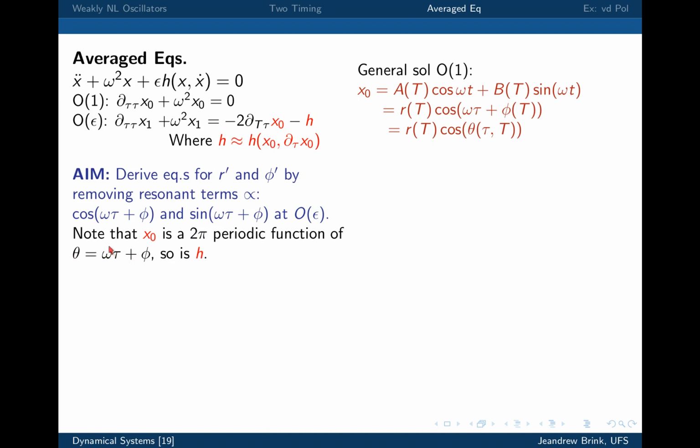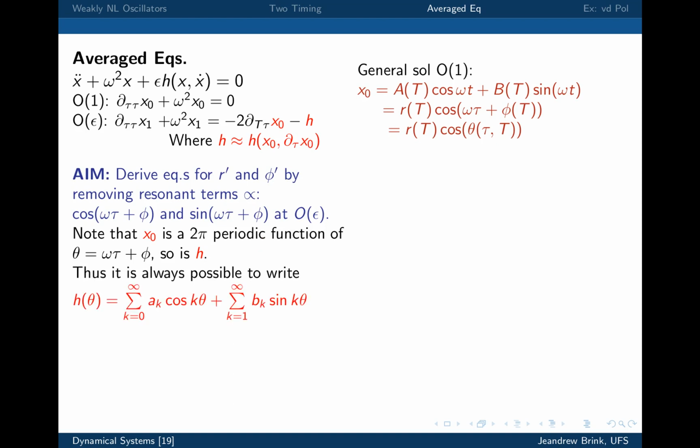And you also know that its derivative with respect to tau is also a 2 pi periodic function. And so since h over here has arguments that are 2 pi periodic, it itself will also be 2 pi periodic. And that means we can actually write it as a Fourier series. I don't know how many of you have encountered the Fourier series before.